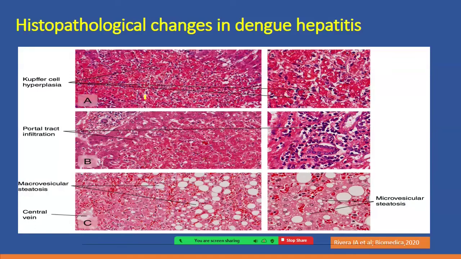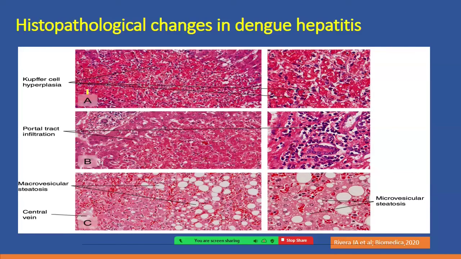Now briefly about histopathological changes in dengue hepatitis. We routinely do not do liver biopsy in patients with dengue hepatitis. All this data has been from post-mortem liver biopsies that are usually done in patients who do not survive dengue related acute liver failure.